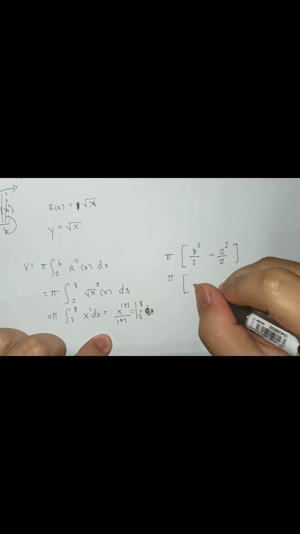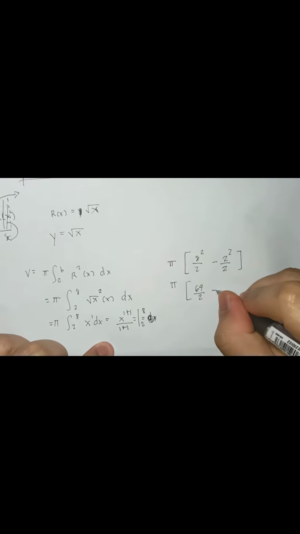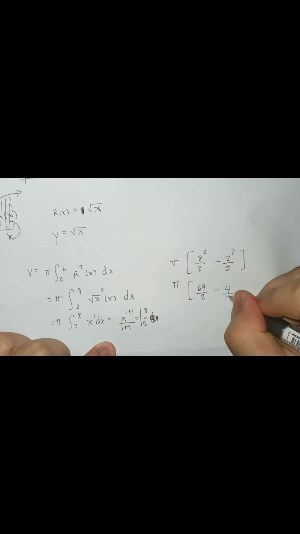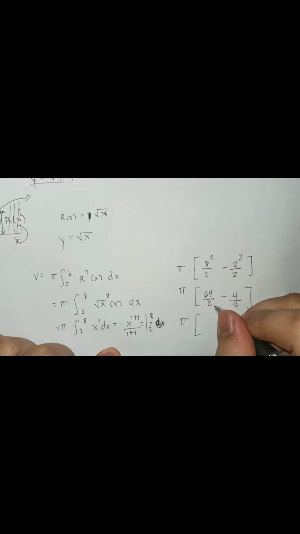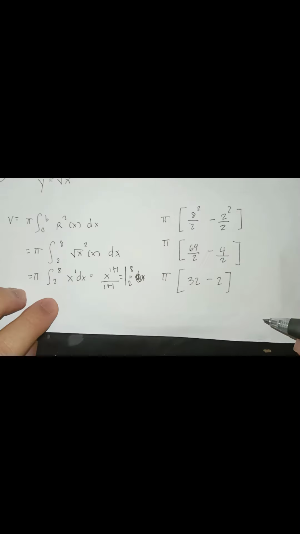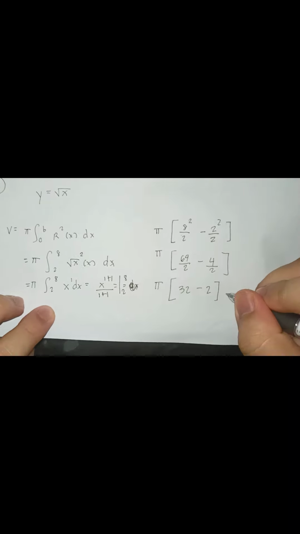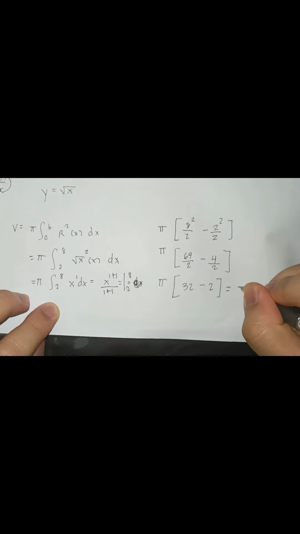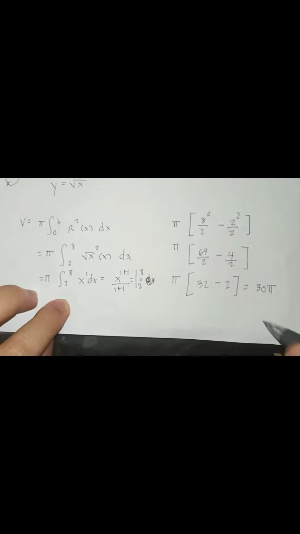So 8 times 8 is 64, 64 divided by 2, minus 2 times 2 is 4, divided by 2. 64 divided by 2 is equal to 32, and 4 divided by 2 is equal to 2. Now 32 minus 2 equals 30. This is the answer.